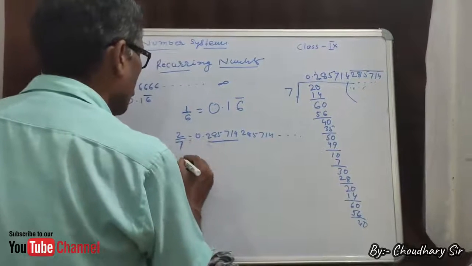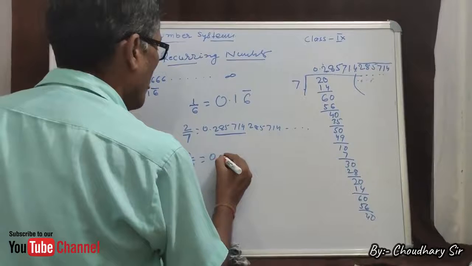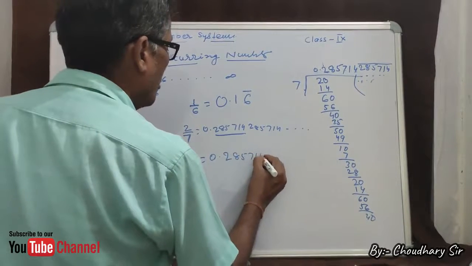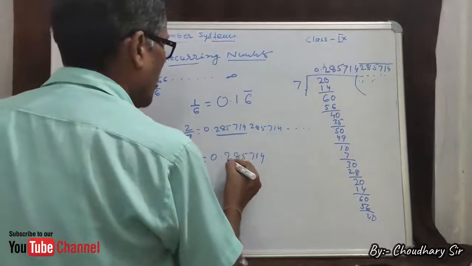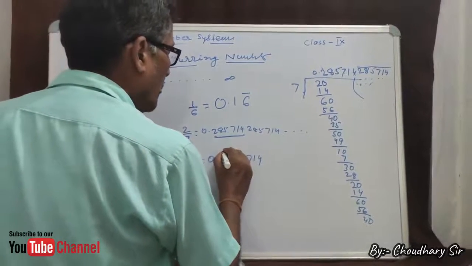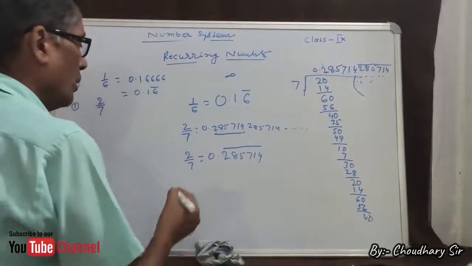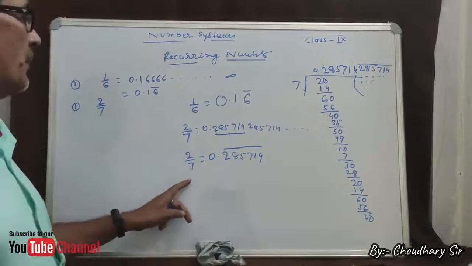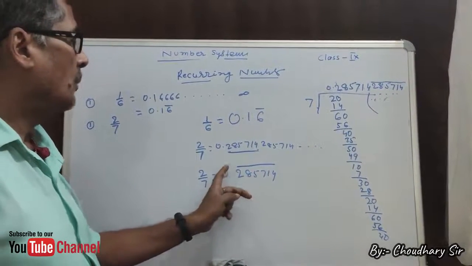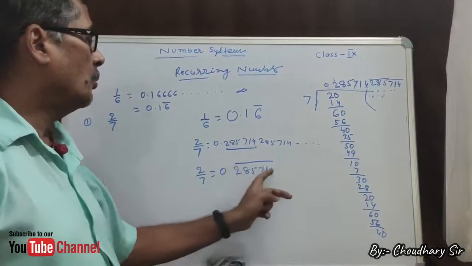So we can write 2 by 7 equals 0.285714, and the repeating digits are from 2 to 4. So we put a bar from digit 2 to 4. So we write 2 by 7 as 0.285714 with a bar above the digits 2 to 4.